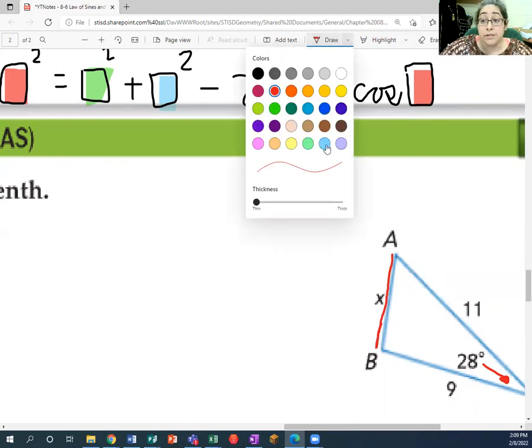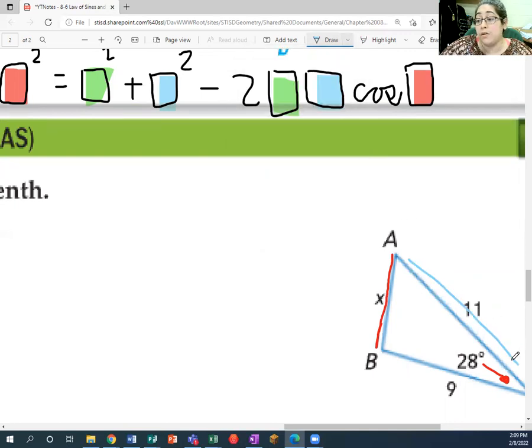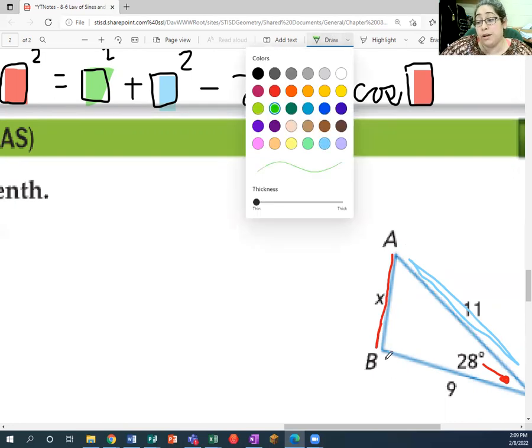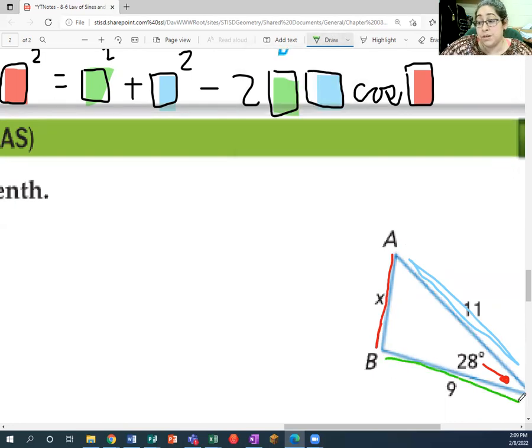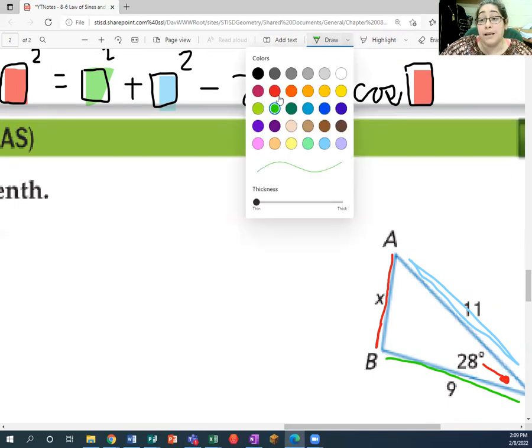Then the other two sides, one becomes the green side, one becomes the blue side. And no, we really don't care which one you pick to be which. So there's my setup.